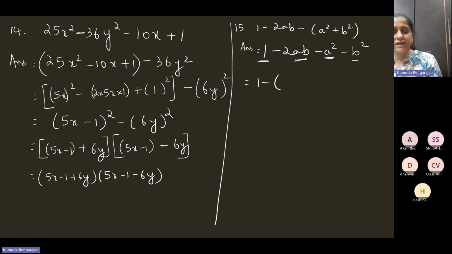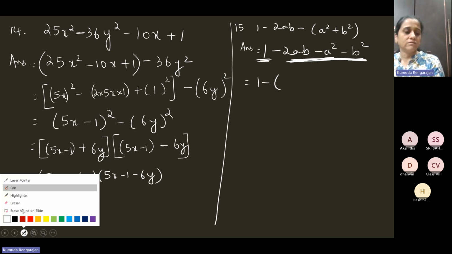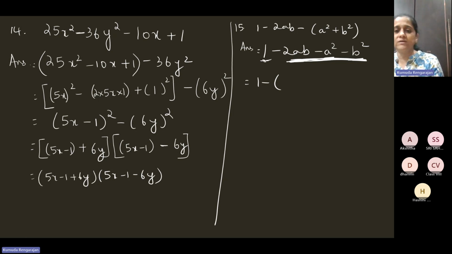So you must group this with a square and b square. So these 3 terms should be in a bracket. So we've identified the terms that should be put in a bracket.